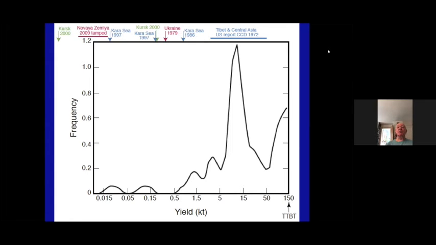So we worked on that document, and the data were these MS and MB readings of the high frequency and low frequency seismic waves.